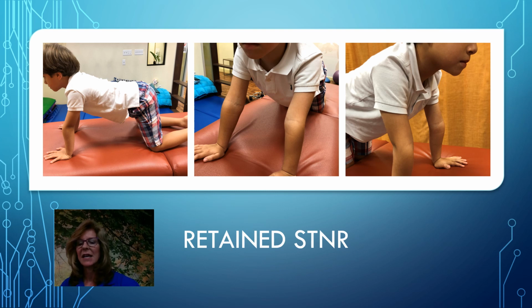Children with a retained ATNR, you'll see them because they will be the child who is lying down on the table while trying to write. As the head goes to one side, the arm wants to straighten on that side, and the opposite side it bends. And so all of these automatisms are interfering with the child's ability to carry out these academic tasks, and because they're having to use all these adaptations, they're fatigued and they have less resources to get other types of learning done.